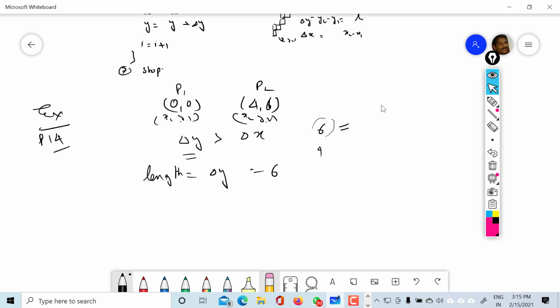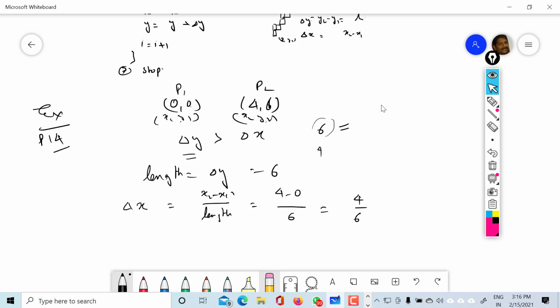What is next? We have to calculate the value of delta x. The formula of delta x is x2 minus x1 upon length. So x2 minus x1 is 4 minus 0, and length was 6, so its value is 4 upon 6.